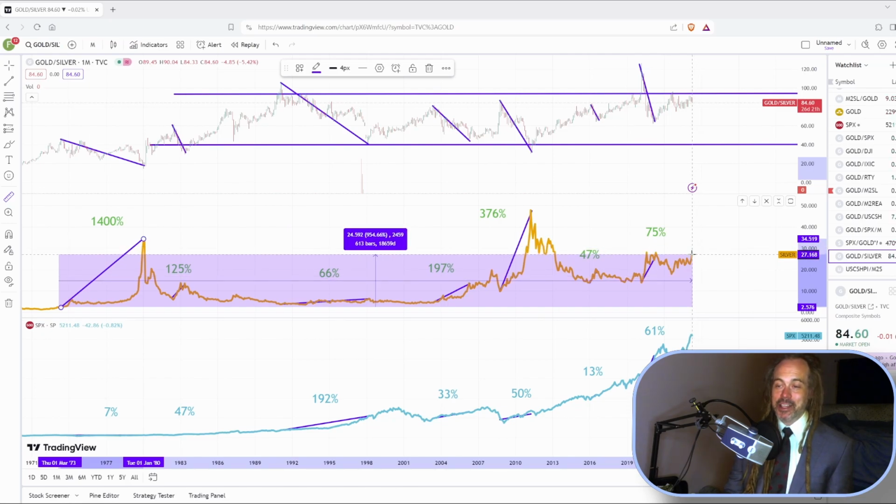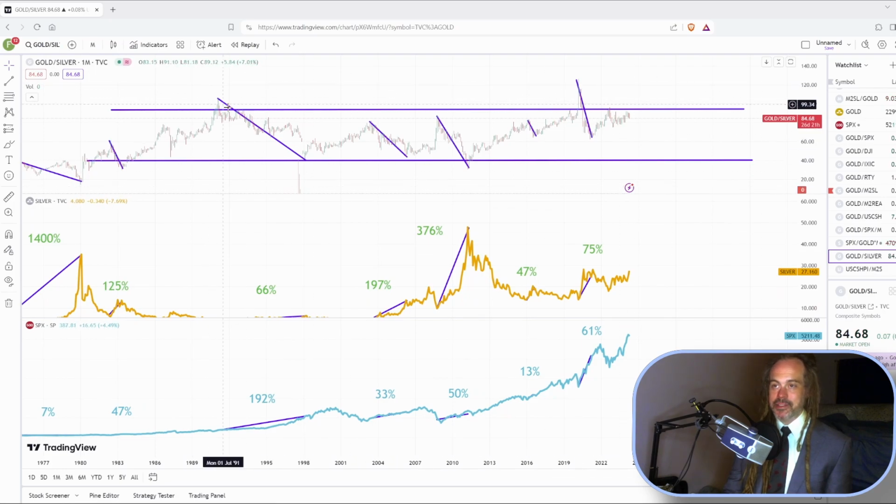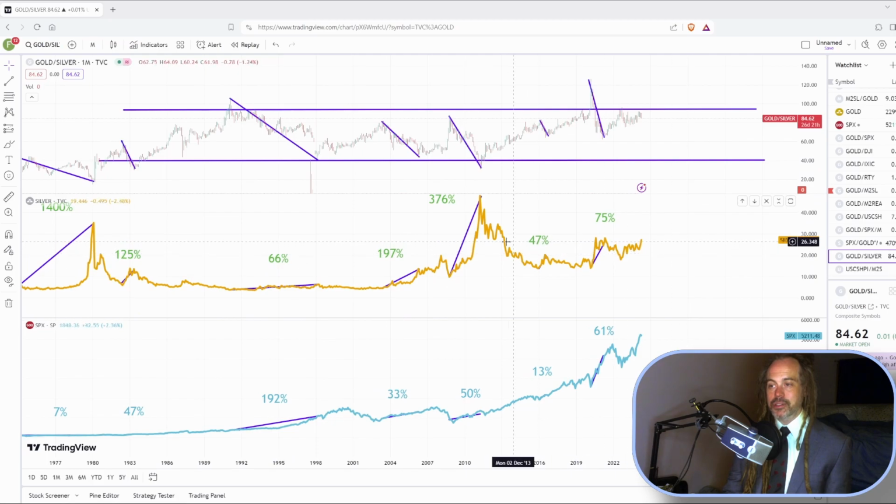So I'm not telling you that silver is going to be a better performer over time than the S&P 500. Just that during these periods of time, when the gold to silver ratio is decreasing, it almost always correlates with not only an increase in the price of silver, but a silver outperformance of the S&P 500.